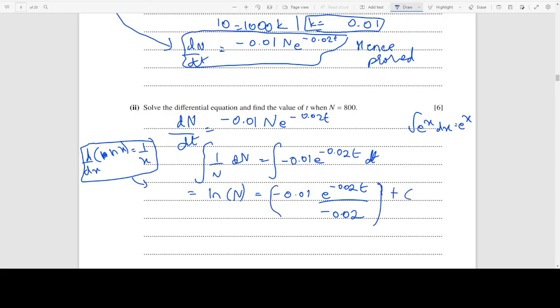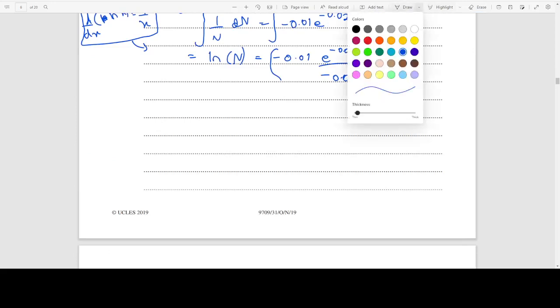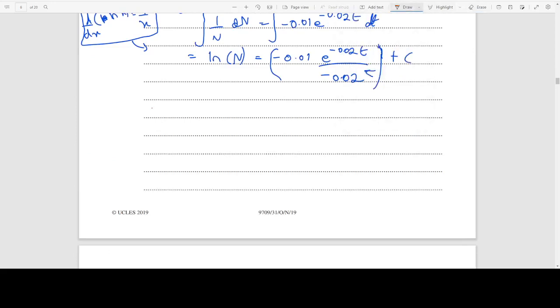So I'll tell you guys why we divided. Why did we do this part? It's actually just simple u substitution. Let's say you have the integral of e raised to 10x with respect to x.